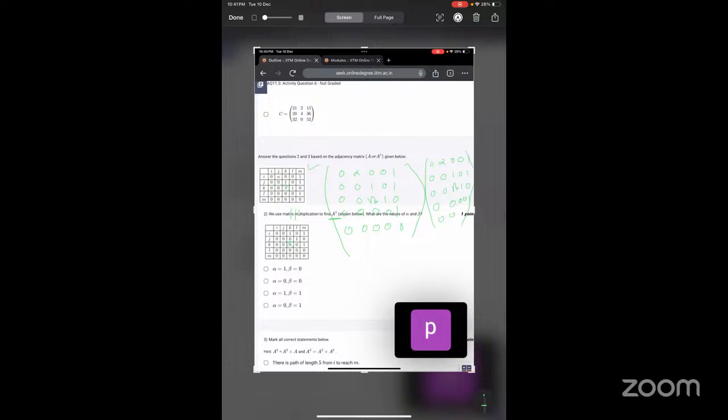Okay, so now just multiply it. The first entry will be 0. Then we will get 0, 0, 0. The second entry will be again 0. The third entry will be 0, alpha. It's not visible, ma'am.